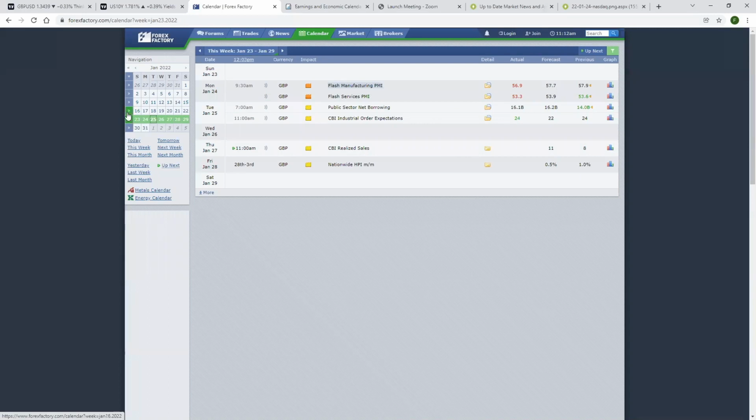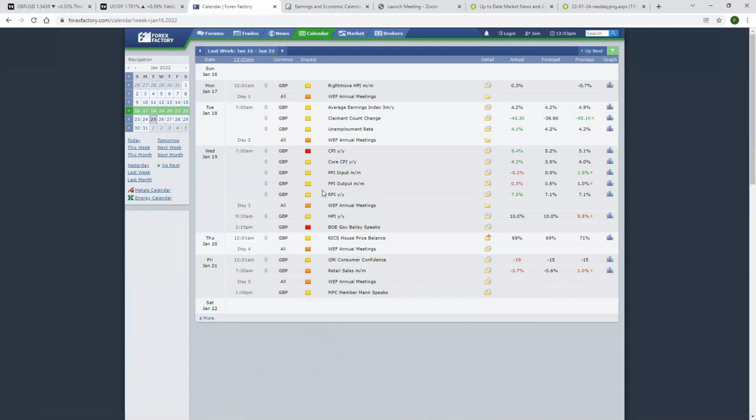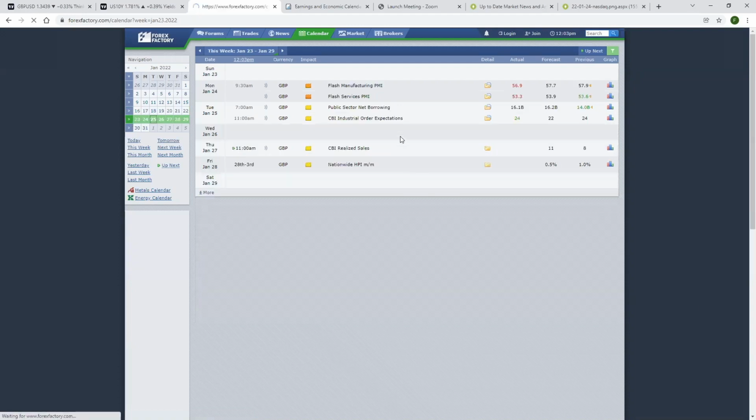I think it was last week: retail sales, minus 3.7%. GfK consumer confidence also took a hit. And the latest purchasing managers indices from the manufacturing sector and services both missed expectations.